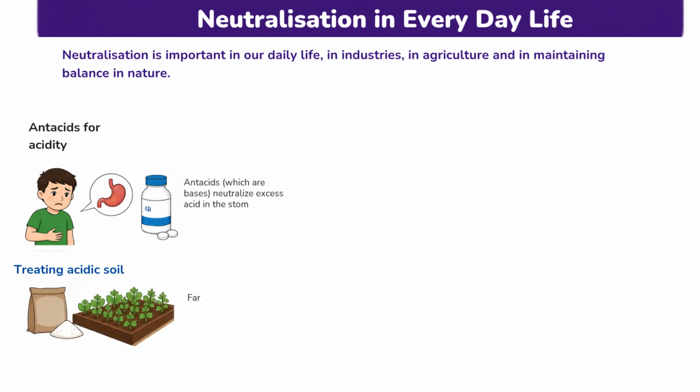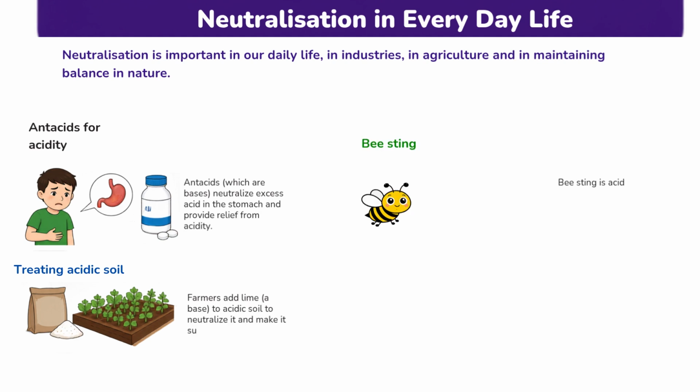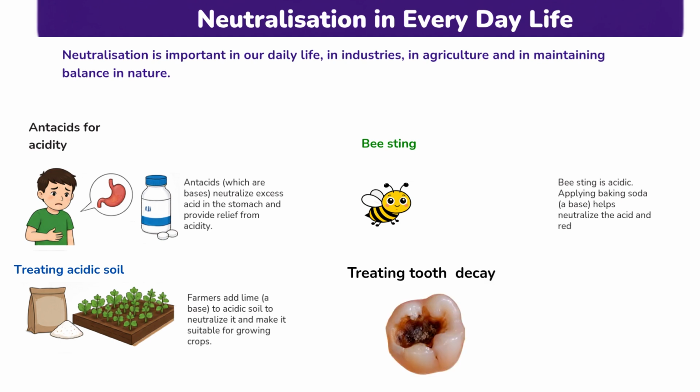Farmers add lime, which is a base, to acidic soil to make it suitable for growing crops. If a bee sting is acidic, applying baking soda, which is a base, can help neutralize it. Similarly, there are many more examples like treating tooth decay and preserving milk, which show how neutralization is useful in our daily life.